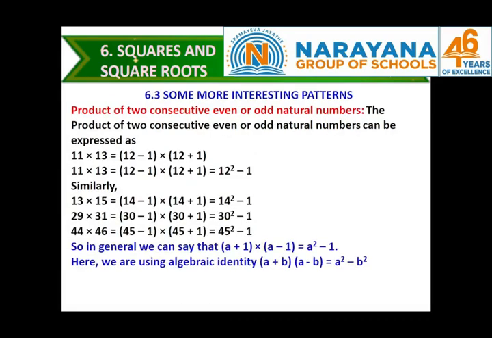Next, the product of two consecutive even or odd natural numbers. The product of two consecutive even numbers or odd numbers can be expressed as follows. So 11 into 13, both are odd numbers.